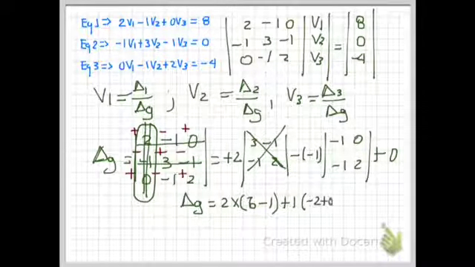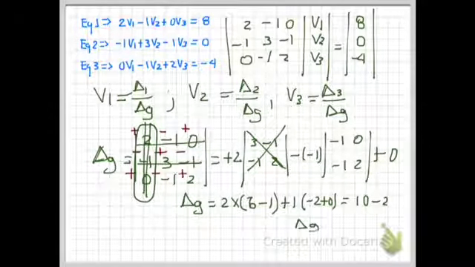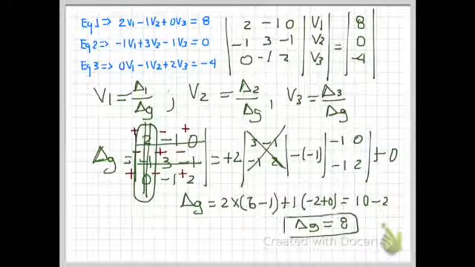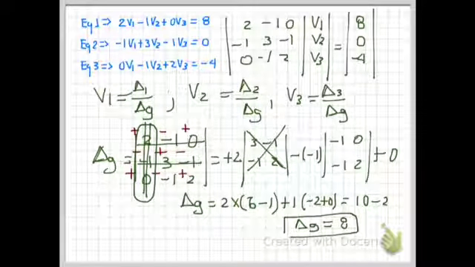So this is equal to 2 times 5, which is 10, minus 2. The general determinant is equal to 8. That's the first value that we need in order to solve b sub 1, b sub 2, and b sub 3. So let's find determinant 1.